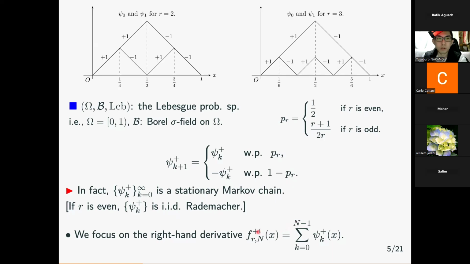Then the right-hand derivative of f_rn, the termwise derivative, forms a random walk on this Lebesgue probability space.